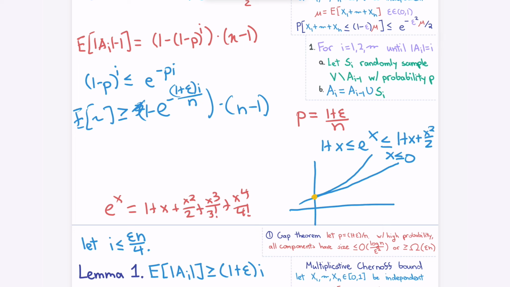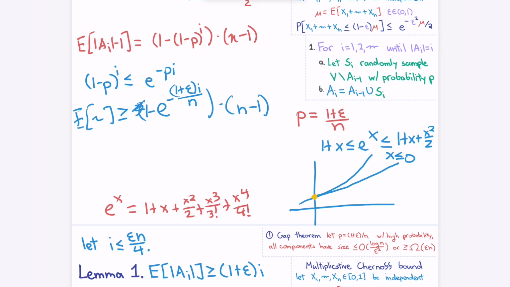Once x is pretty small, it's mostly 1 + x, or mostly 1 + x + x squared over 2. They become reasonable approximations with some inequality. You can work out which side is bigger than the other.